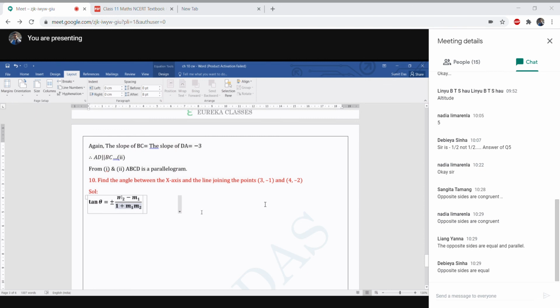Again, the angle between x-axis and the line joining these 2 points. So we have to find the slope of x-axis and the slope of the line joining these points. Is it clear what we have to do?